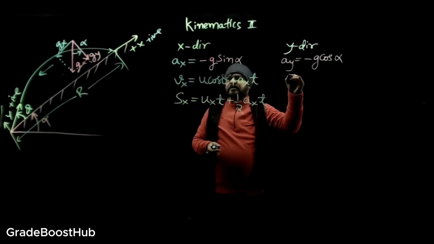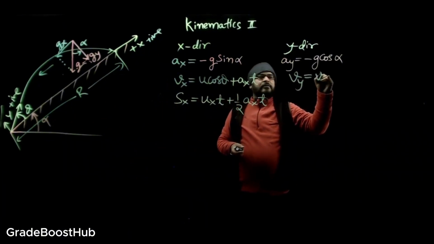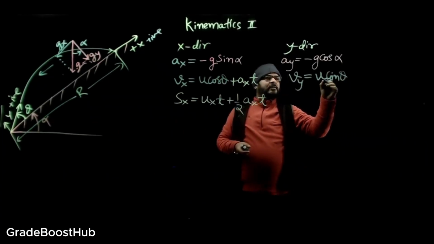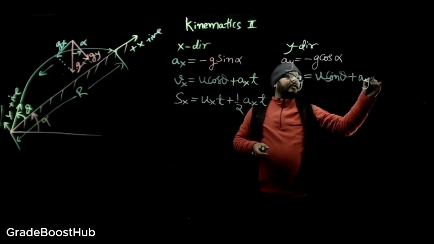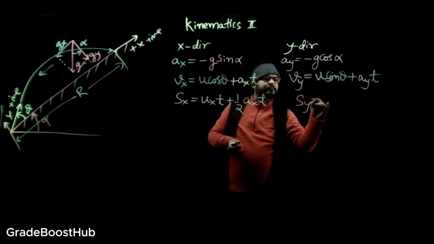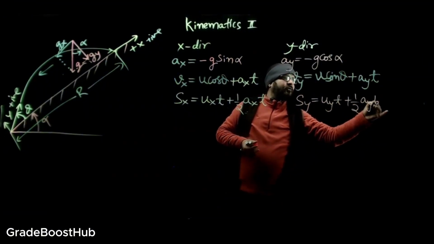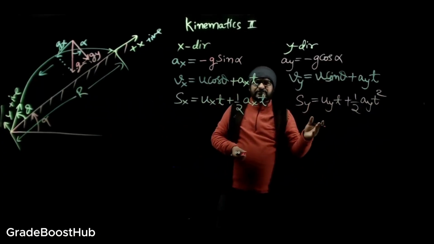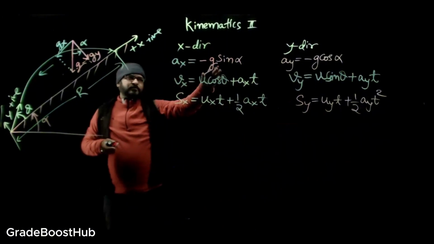Similarly, Vy is equal to u sine theta plus ay into t, and sy will be uy t plus half ay into t square. So still everything is for these three equations. Just a little bit more accounting.